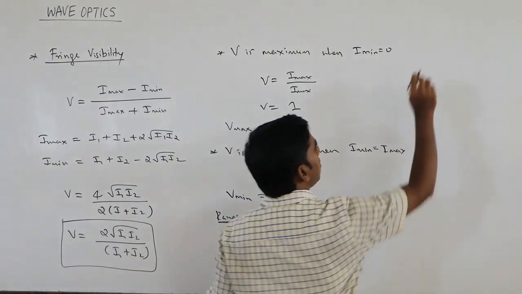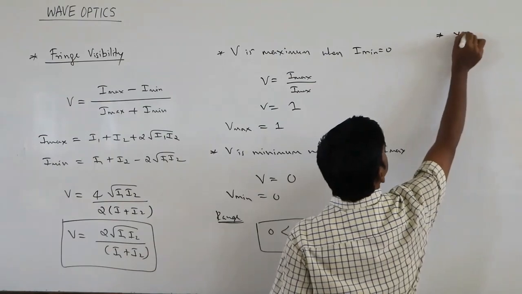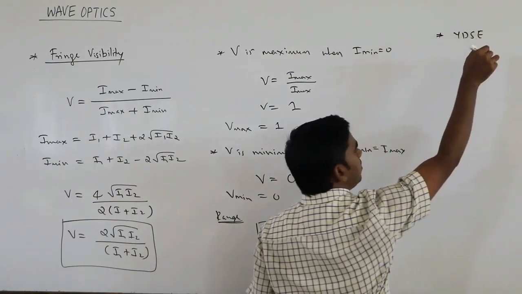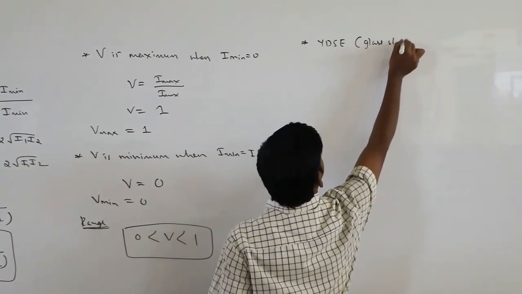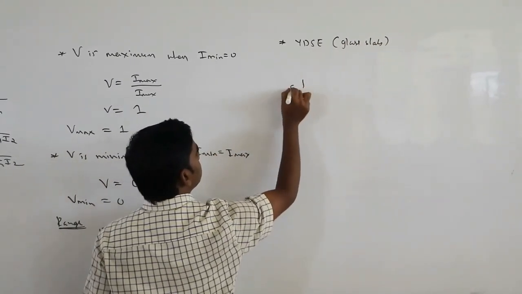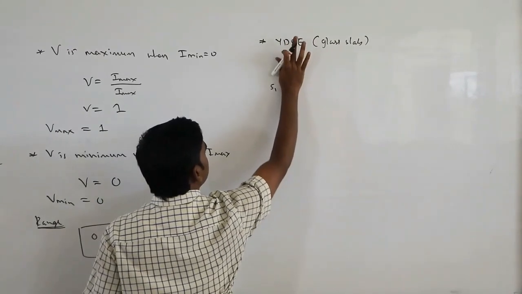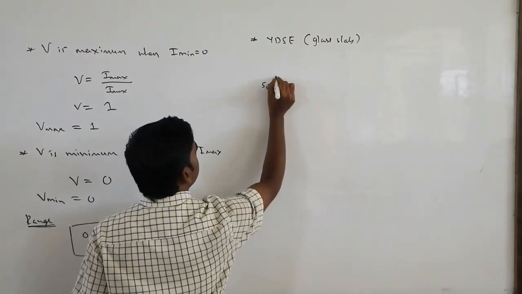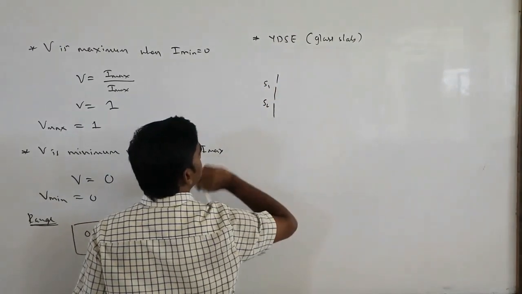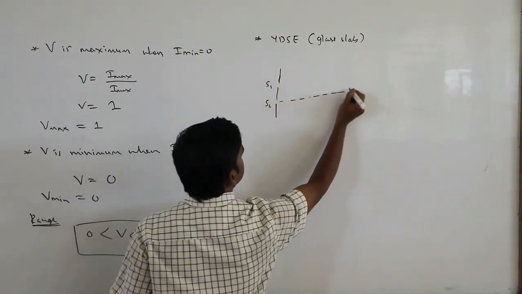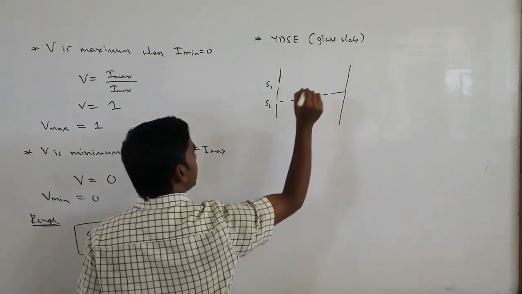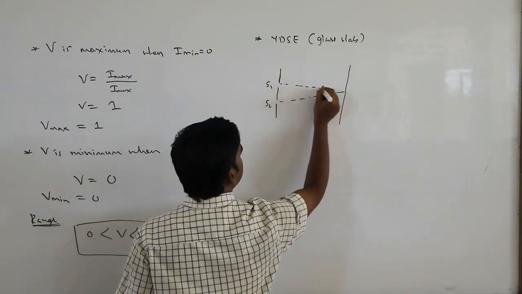There is one more concept related to YDSE, that is when you introduce a glass slab. Suppose here is source S1 and here is source S2, light is going to the screen from both.